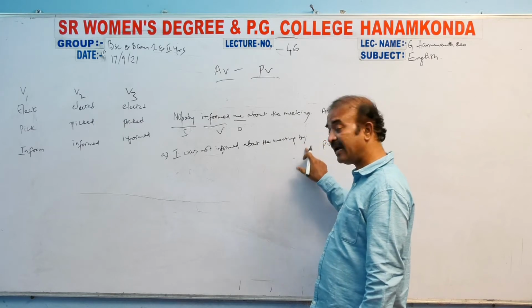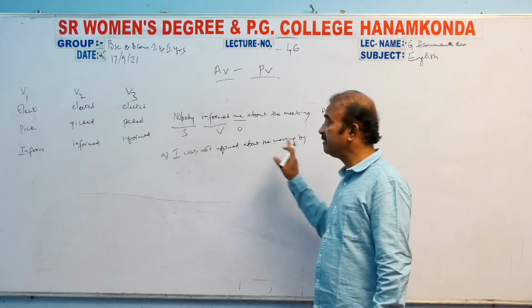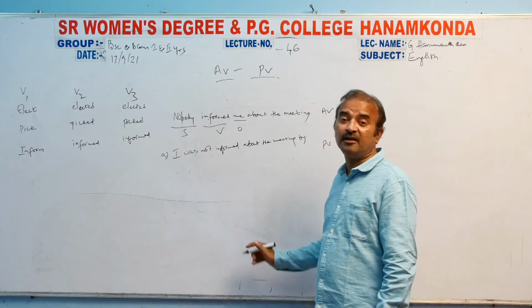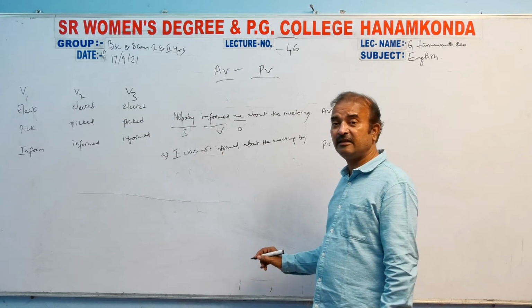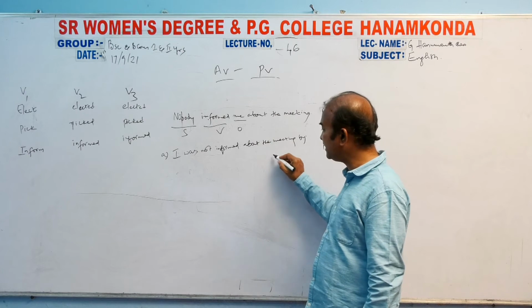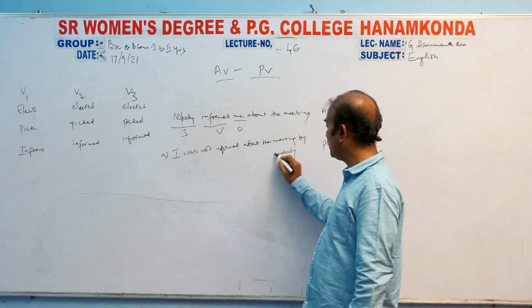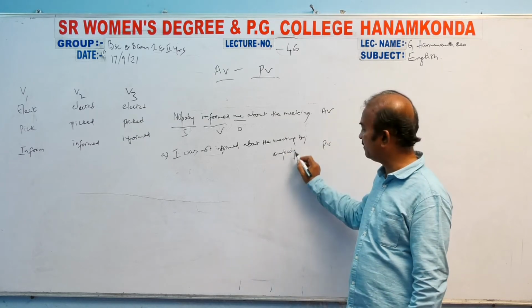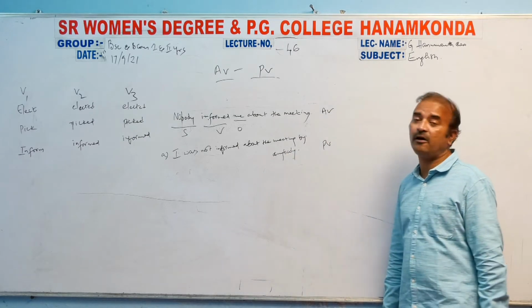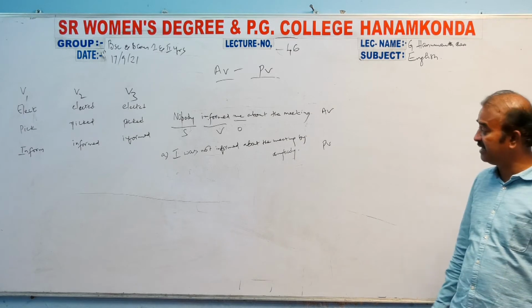About the meeting. After this, by. Here, what is this? Nobody. Nobody in active voice, when brought into passive voice in the form of object, changes to anybody. I was not informed about the meeting by anybody.